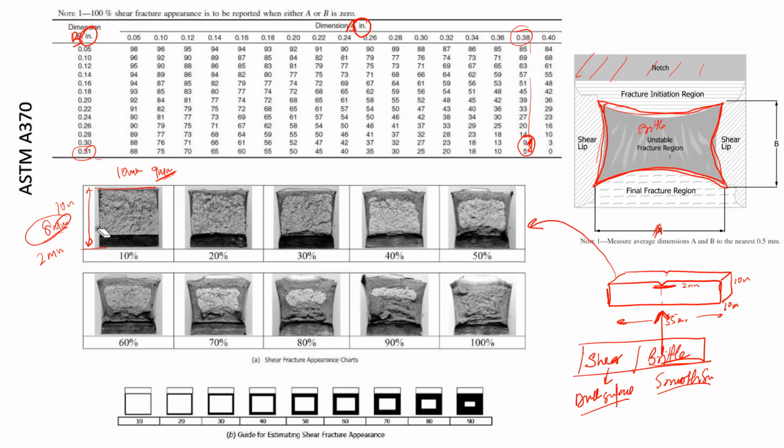Now if you see the next portion, you can see that this shear zone has increased, so we can say 20%, then 30%, 40%, 50%. You can see the shear zone has formed, and this is significant, right? Now for this 60%, this is the case, 70%, this is the case, 80%, 90%. You can see the brittle region is getting less, right?